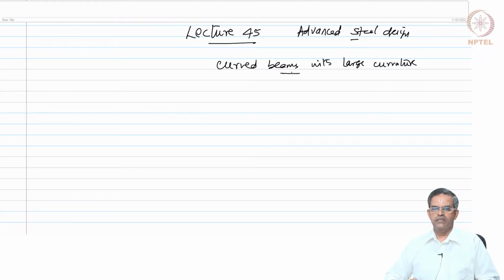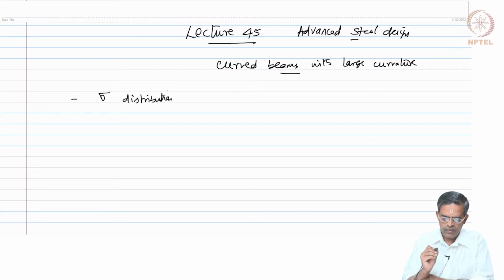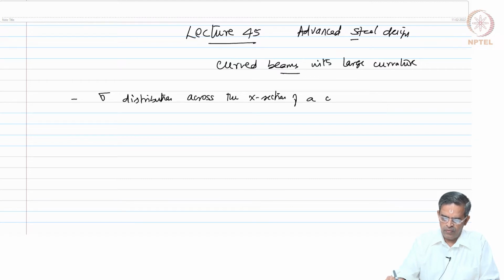small initial curvature, and we also said very clearly that the stress distribution along the depth of the section in curved beams is nonlinear. The stress distribution across the cross section of a curved beam is nonlinear.